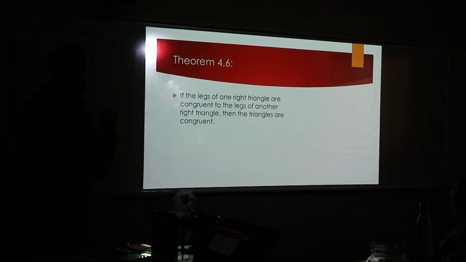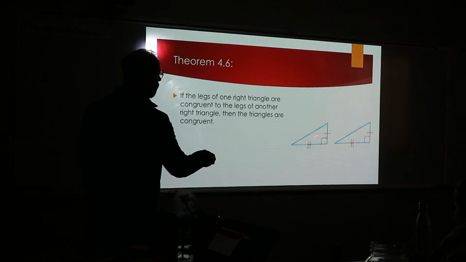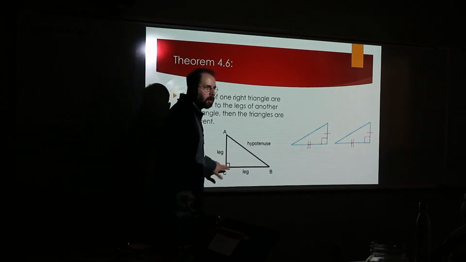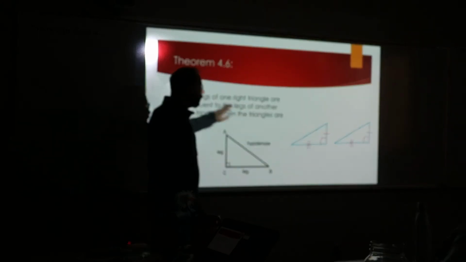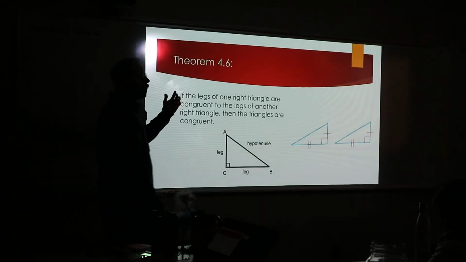Now, the 4 theorems we talked about. 4.6, this is where you're given the 2 legs were equal on a right triangle. These are the legs, right? The legs are the 2 walls that touch the 90-degree marker. We talked about that, the hypotenuse is the big wall. So they're giving me the 2 legs are equal from one triangle to the other. And so what we said is, according to this theorem, they are equal.